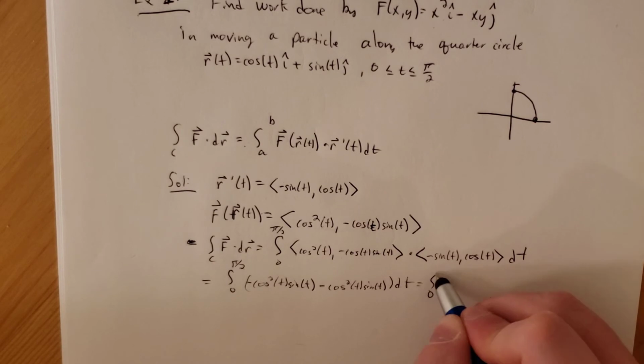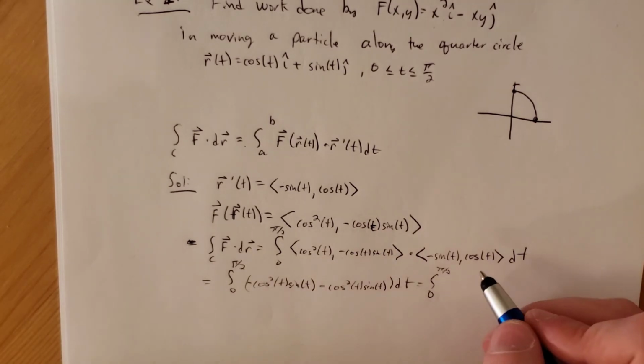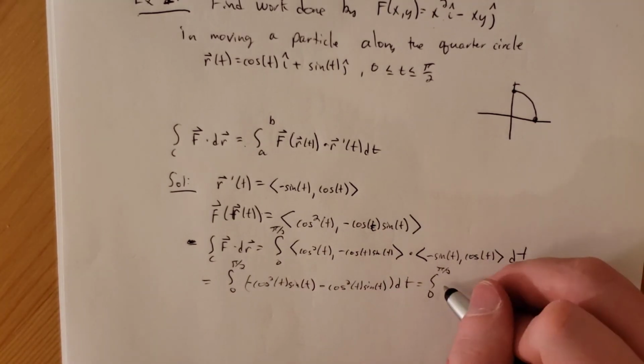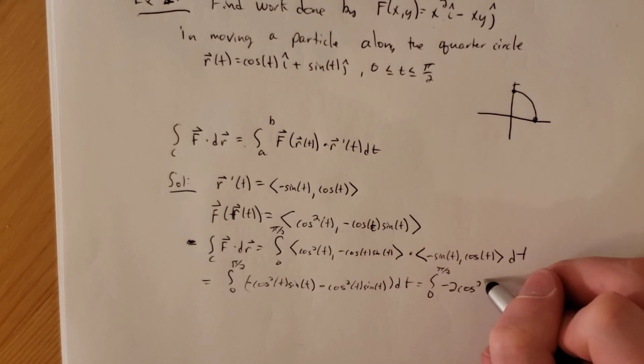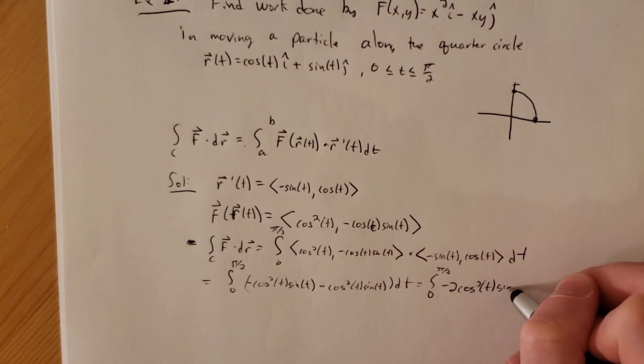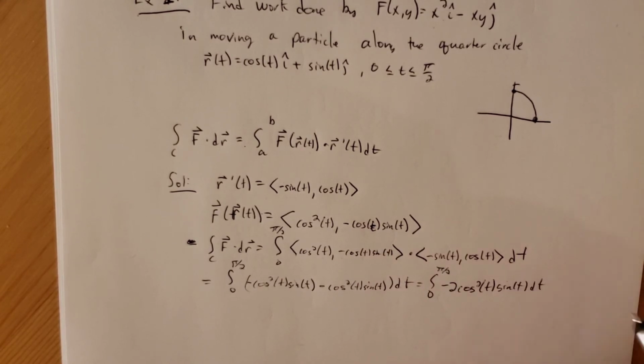Okay, this is the integral from 0 to pi over 2 of negative 2 cosine squared of t sine of t dt.